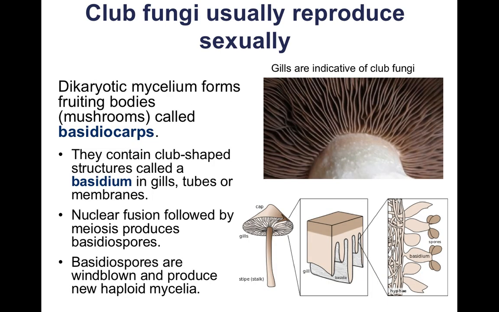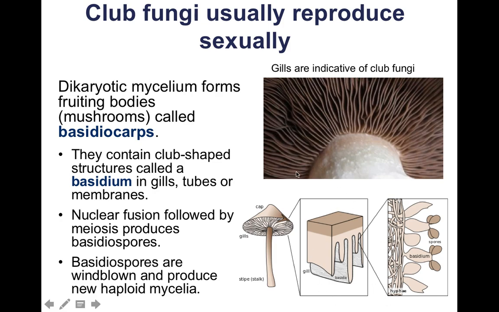So the reason that club fungi are called club fungi has to do with the structures that they form for sexual reproduction. So club fungi are going to reproduce primarily by sexual reproduction, and again, this is going to occur in the fruiting body or the mushroom. In this case, they're going to be called the basidiocarps.